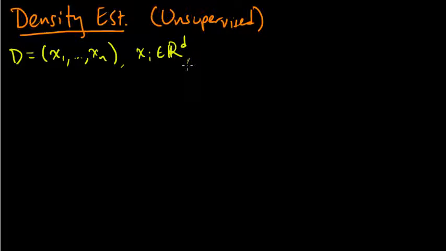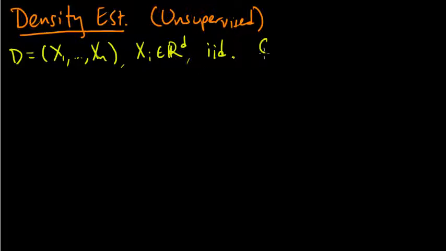Now we're going to assume that these are random variables x1 through xn, and that they're IID, so they all have some common distribution. For now, let's assume that it's a density. That's typically the case that one would consider, but you could also do a more general type of estimation of a distribution for these x's.